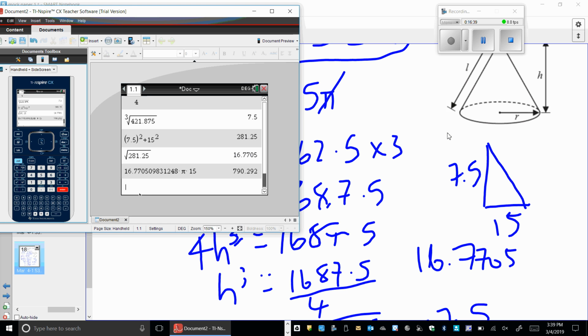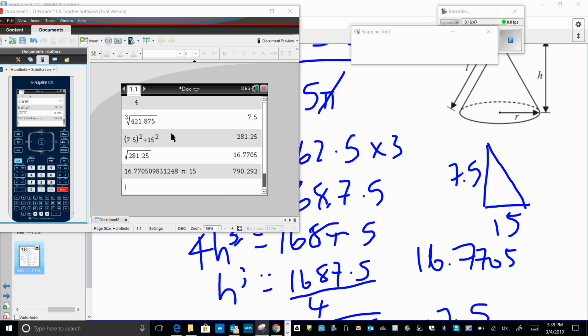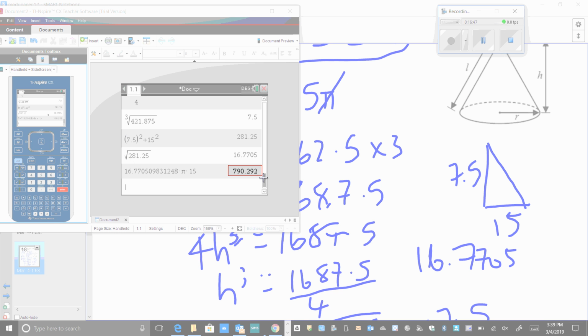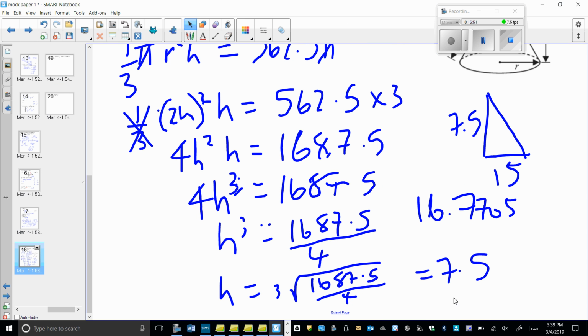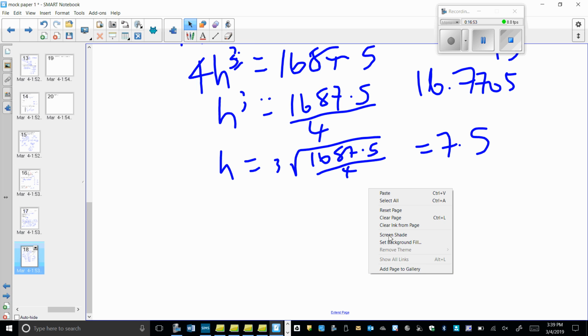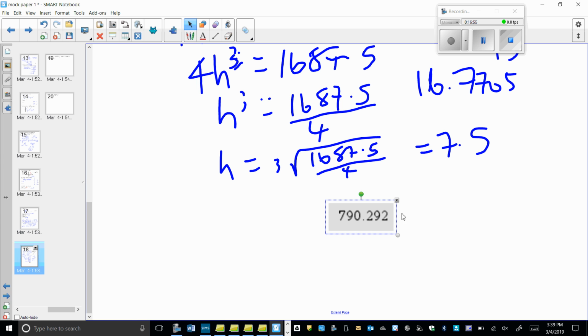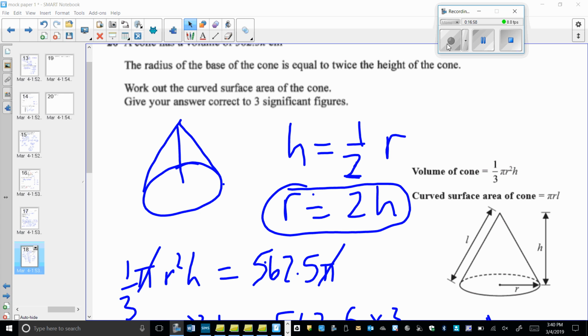So that's 790.292. Oh, I didn't read the instructions. 3 sig fig. 790.